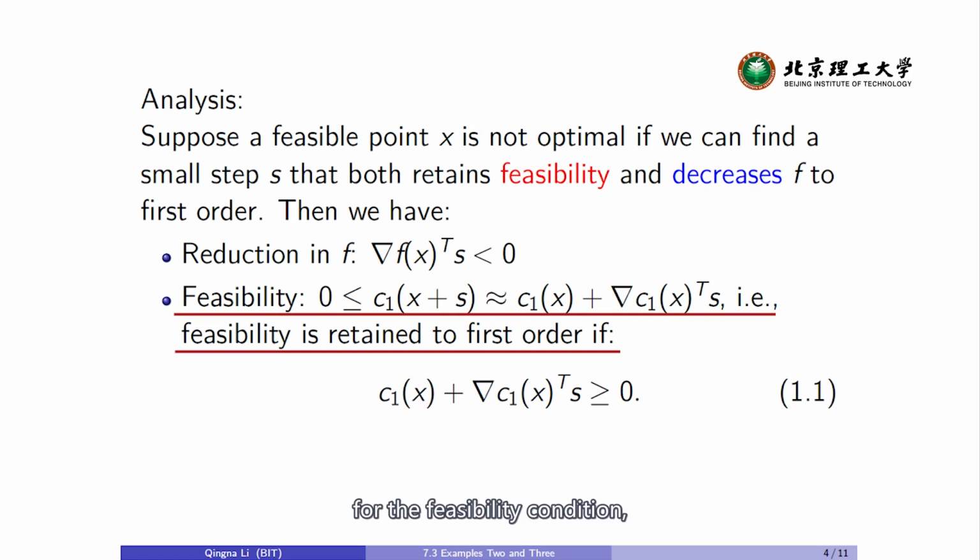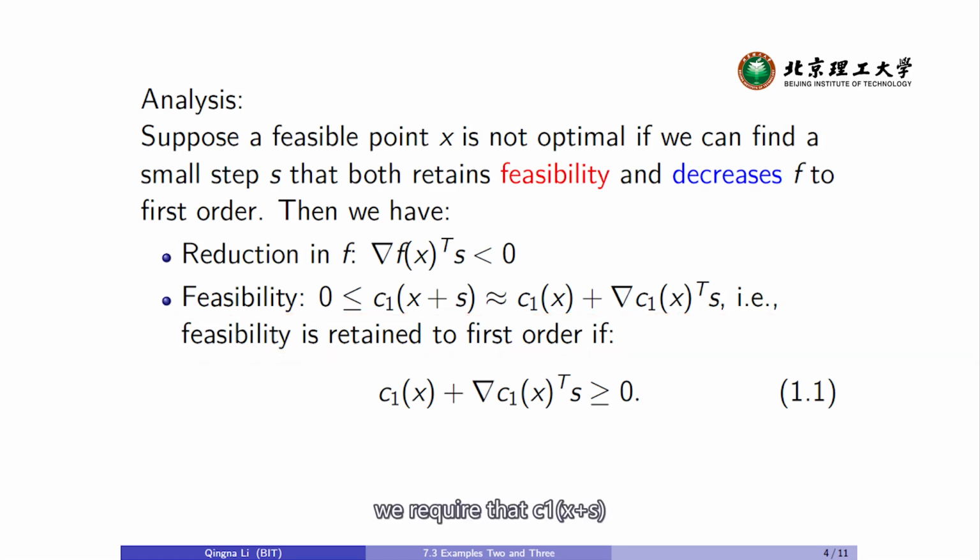For the feasibility condition, different from the equality constraint case, for the inequality constraint case we require that c1 at x plus s must be greater than or equal to 0. If we also do a first-order expansion to do the approximation, then this term will need to be greater than or equal to 0.